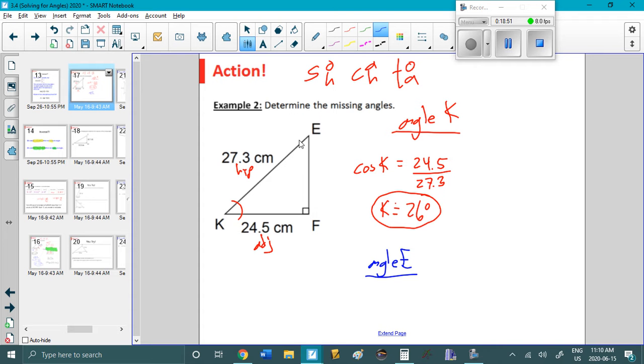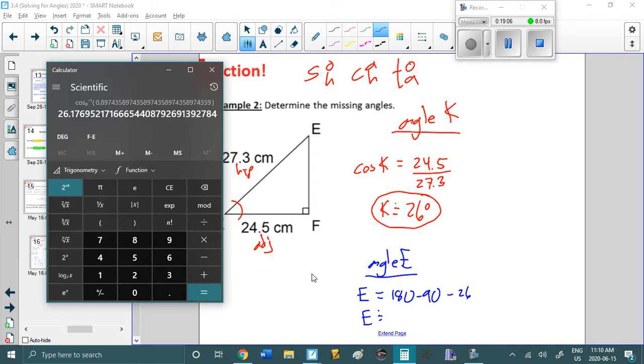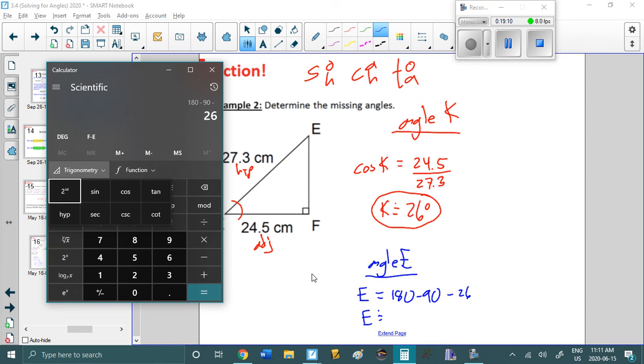I could go up here and use opposite and hypotenuse with sine, but I know that we just subtract from 180. So E is going to be approximately 180 minus 90 minus 26, which is 64 degrees.